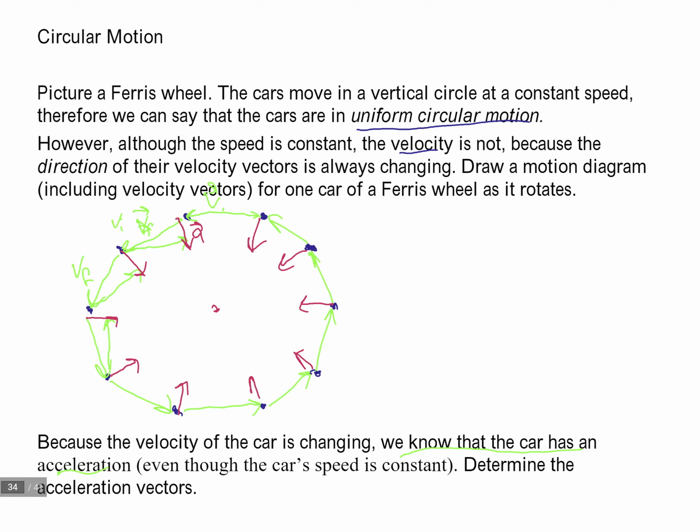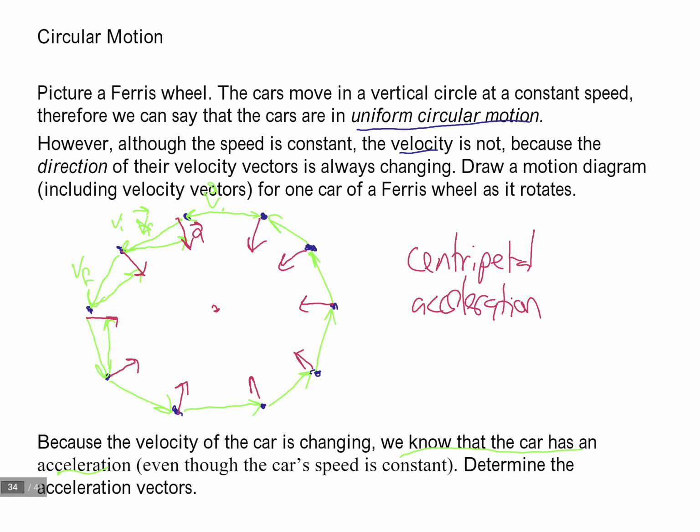But this is called centripetal acceleration. The word centripetal means center seeking. So the acceleration is trying to pull the object that is moving in a circular path to the center of this circular path that it's on. That's what centripetal acceleration means.